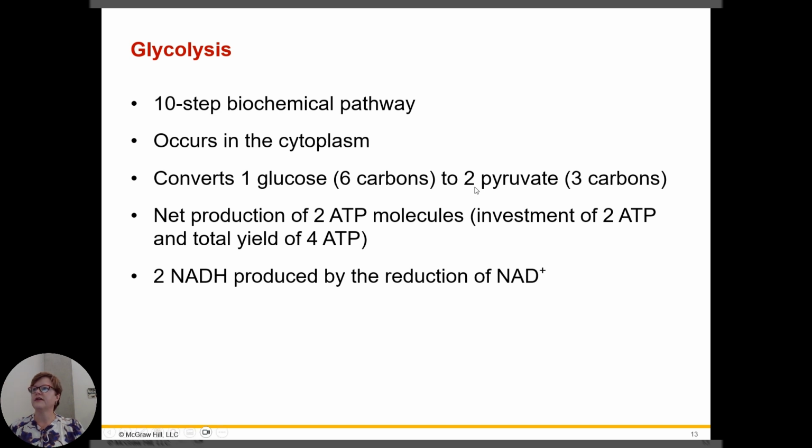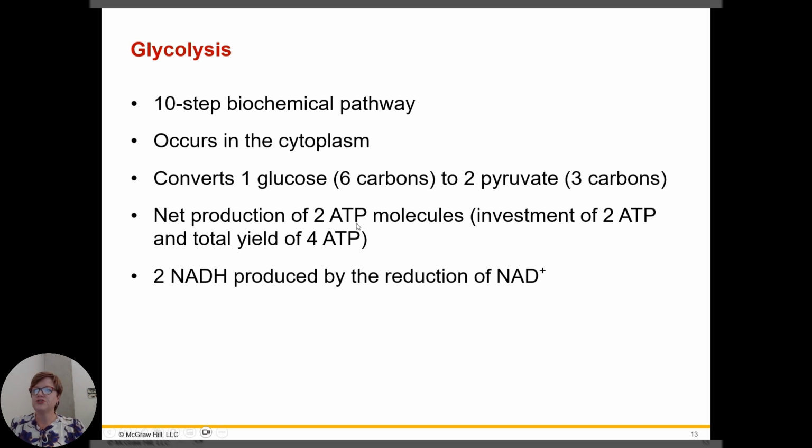The final product of glycolysis is 2 molecules called pyruvate. Glucose has 6 carbons, and each of the 2 pyruvates contains 3 carbons. So fundamentally, glycolysis is just the splitting of glucose in half. In fact, the name glycolysis means sugar splitting.